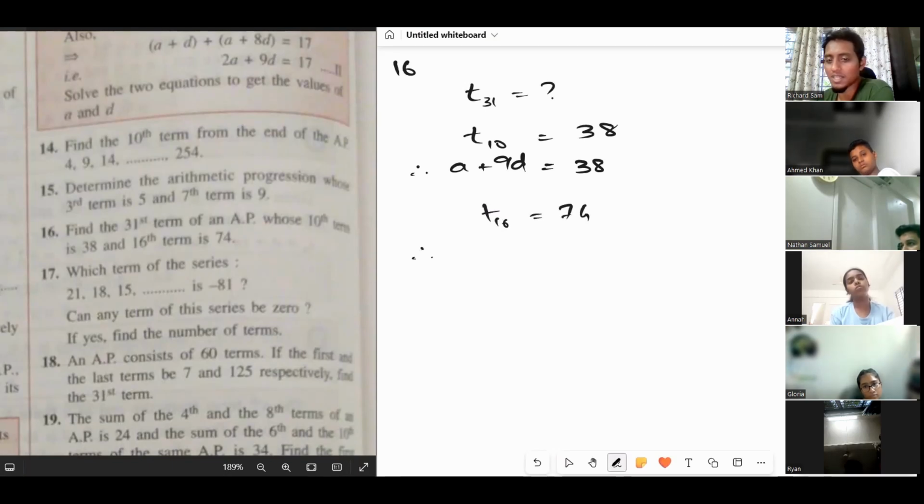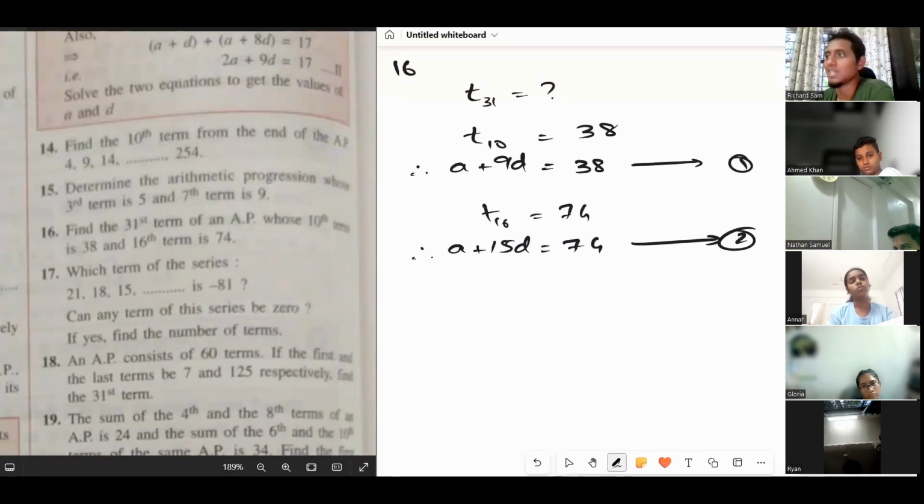That means A plus 15D. A plus 15D. We have two equations here with two unknowns, A and D. So how will you solve it? Simultaneously. Simultaneous equations. Two equations with two variables, you have to use simultaneous equations to solve it. All right, so what should we do?